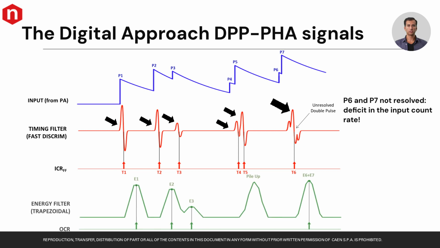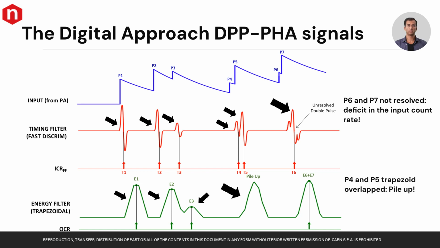The green trace shows the trapezoid formation of the pulses and the corresponding point on the flat top where the signal height is measured, providing the energy information. As can be observed, the energy can be determined for the first 3 pulses, and even for P2 and P3, despite the overlapping trapezoids. However, for P4 and P5, the distance between them is too short, causing their trapezoids to overlap in a way that makes it impossible to determine their heights.